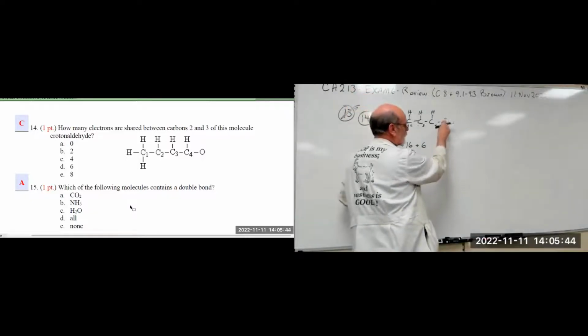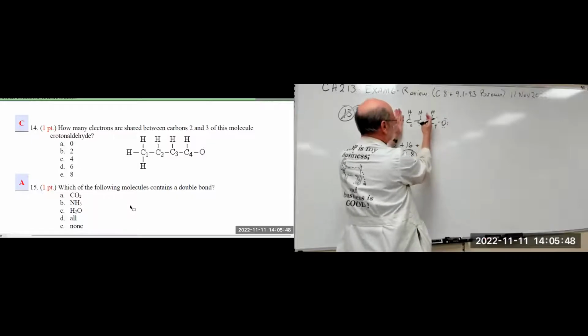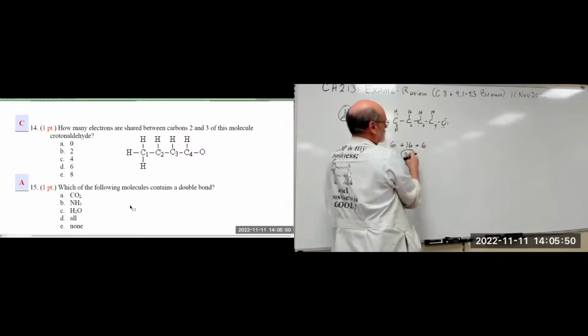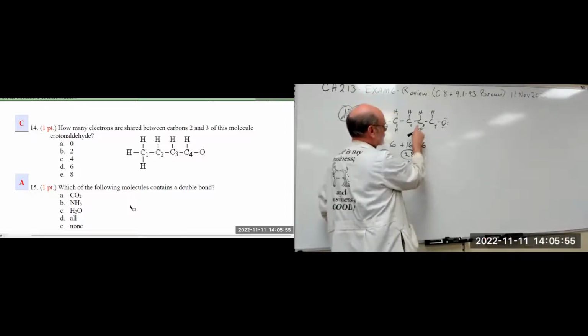We've got lone pairs here that we can use to fix this carbon, but these 2 carbons are isolated. The only way to work those is to put the 2 electrons on one of these carbons and then use it to make a double bond there.